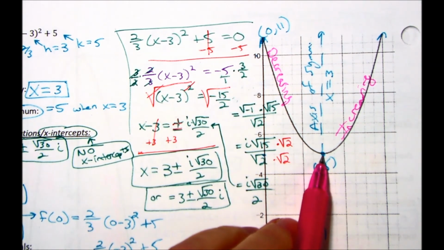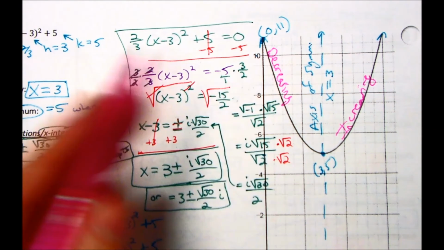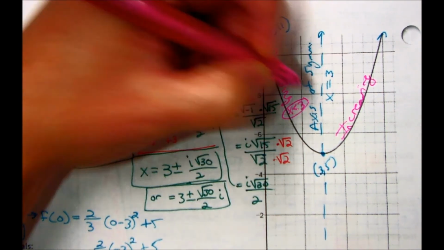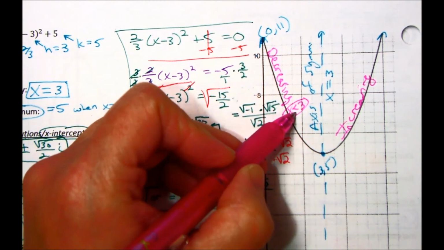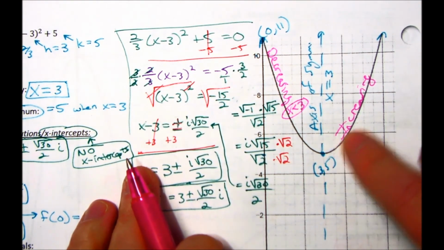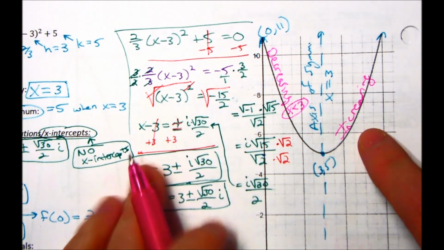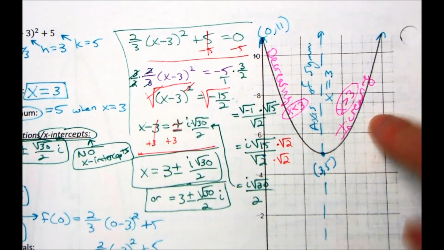So the vertex has an x coordinate of 3, which means all the points to the left of it have x values that are less than 3. So the decreasing interval is when x is less than 3. The increasing side is to the right, and all of these points have x values that are greater than 3.